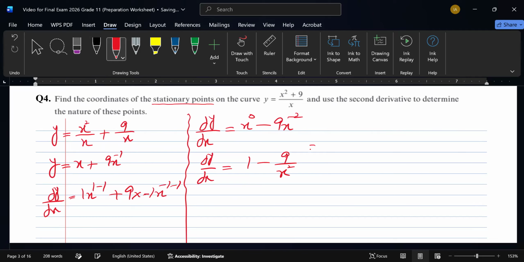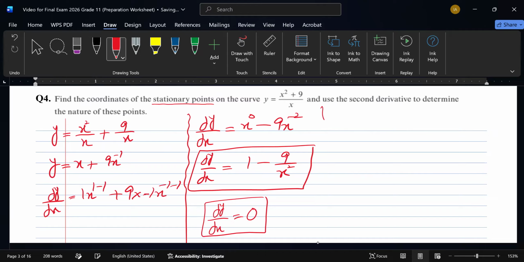This is your first differentiation. But they ask about a stationary point. For the stationary point, you make dy upon dx 0. Remember, when they ask you about a stationary point, your derivative must be 0. So we put the first derivative as 0.